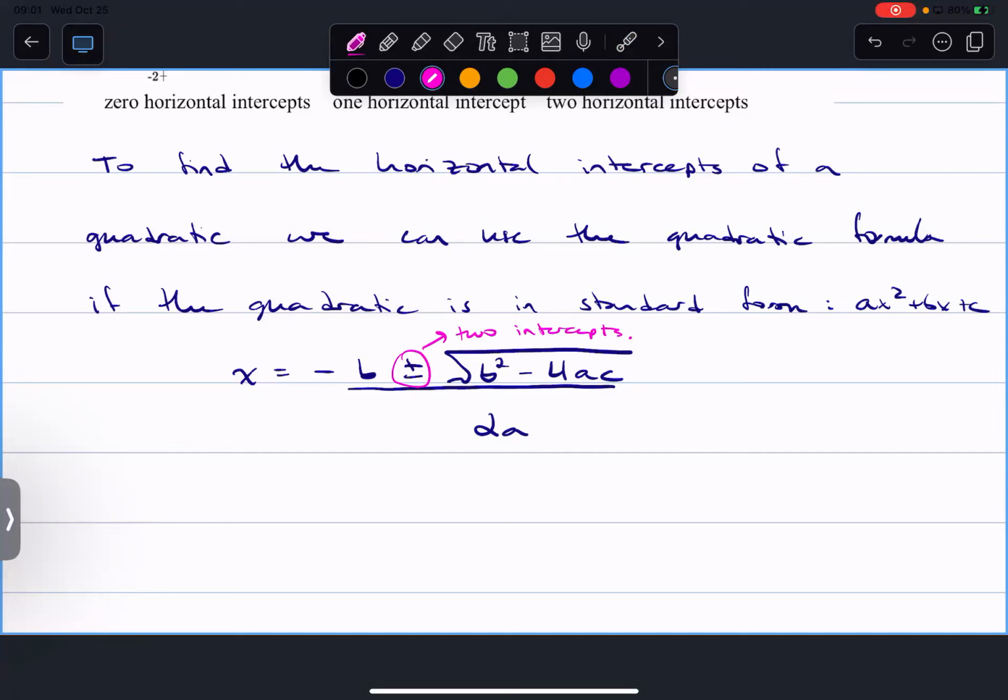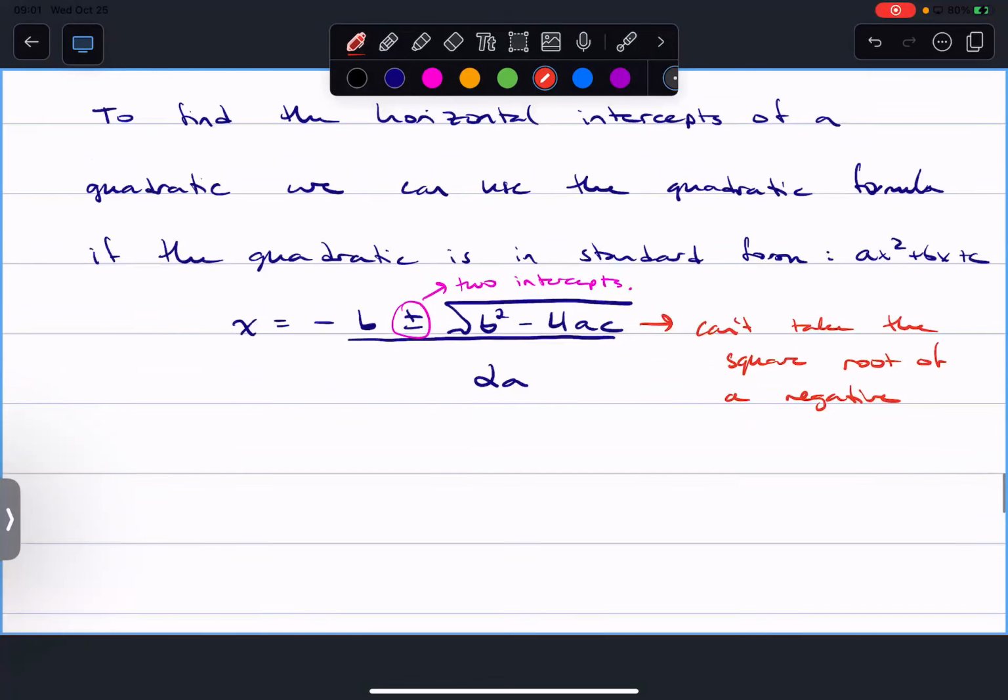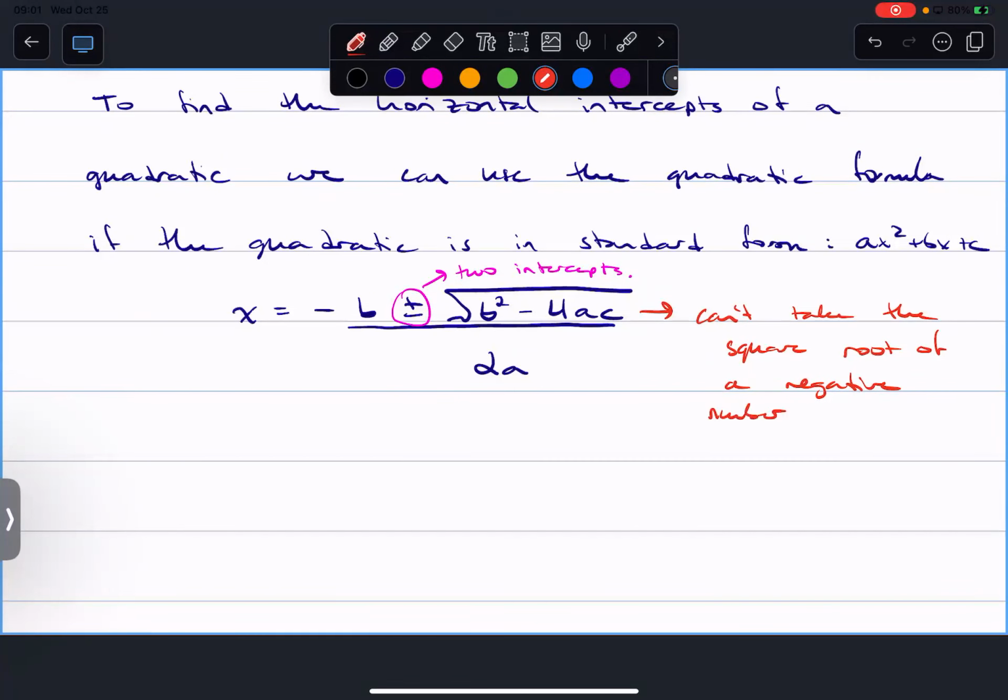I think there is an example, but before we do, I just want you to remember that we can't take the square root of a negative number, right? That's a fact. It's not in the domain, which we've worked on already. And so what does that mean?